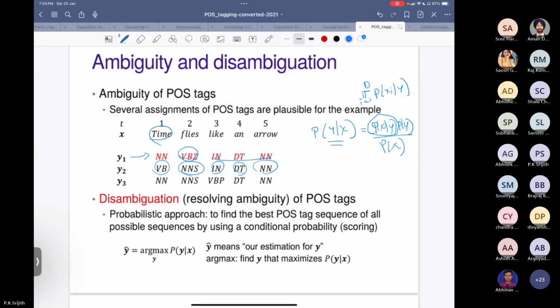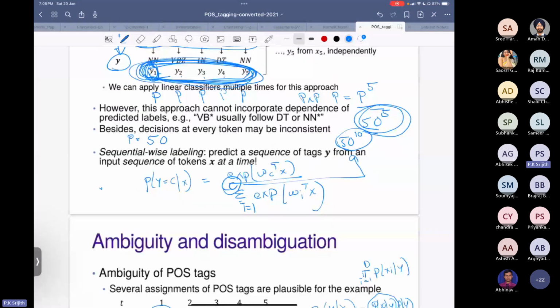And the other way is that you try to directly model P of y given x, as we do in the case of logistic regression. In logistic regression, we try to directly model P of y given x without looking at how P of x given y or P of y is modeled.